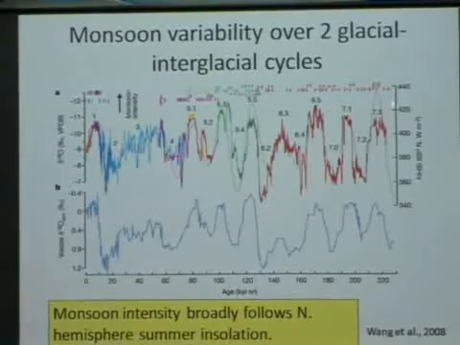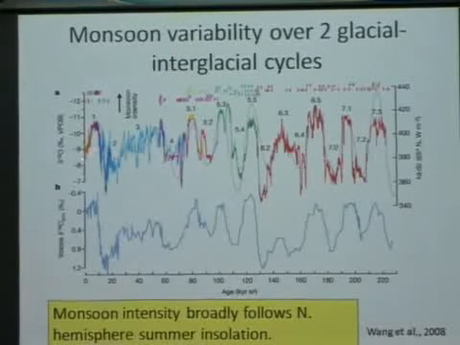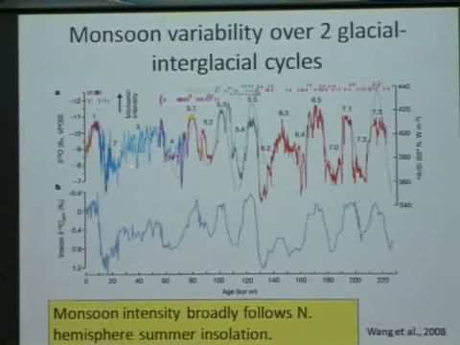Plotted in light gray, if you can see that back there, is a northern hemisphere summer insolation curve for 65 degrees north. And essentially, what is very clear from this is an amazing correlation between the delta 18, or the monsoon intensity, and summer insolation.